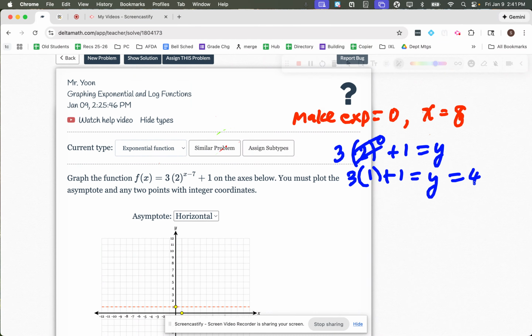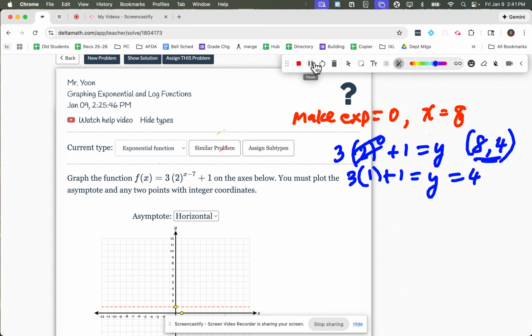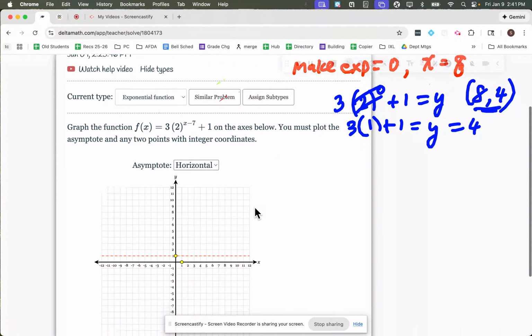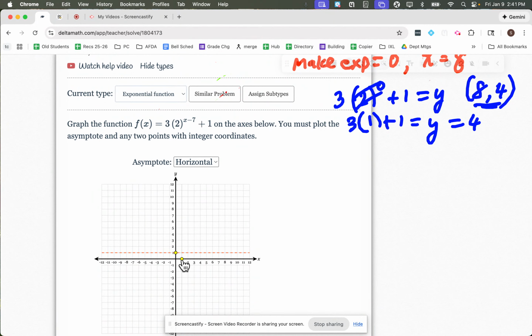So y is 4. And so the first of 2 points that we're going to use is (8, 4). So let's drag this over to 8 and go up 4. 1, 2, 3, 4. That should do it.